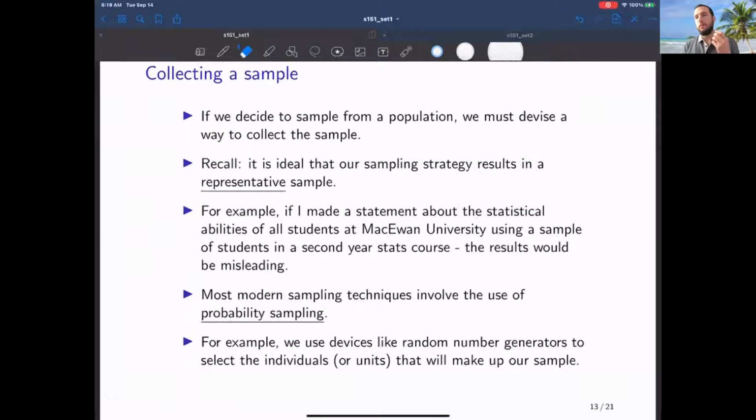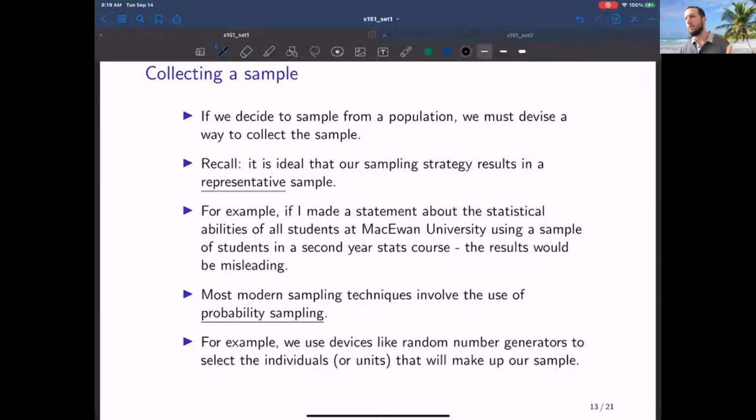All right, now there are actually a number of different ways that you can go about collecting the sample. Very simple ways of doing this would literally just be having a number assigned to every single person in the population of interest. So say, again, we're going to study all of the students at MacEwan.